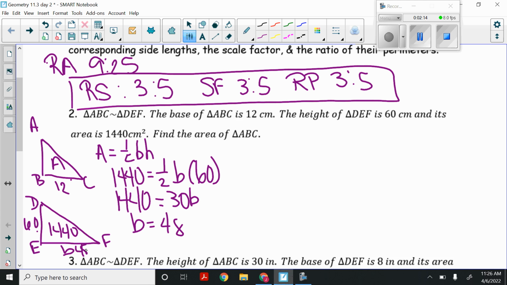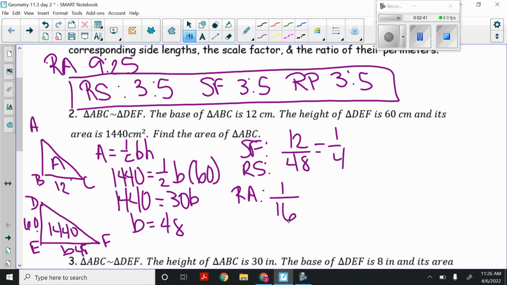Right, so we found that our base was 48 here. So now I can go ahead and find a scale factor or a ratio of sides, ratio of perimeters, whatever we want to call it. If I start with the small one, 12 over 48, because now I have my corresponding sides, that is going to reduce down to 1/4. So the ratio of my areas, I would square that, 1/16, and set that equal to my area.